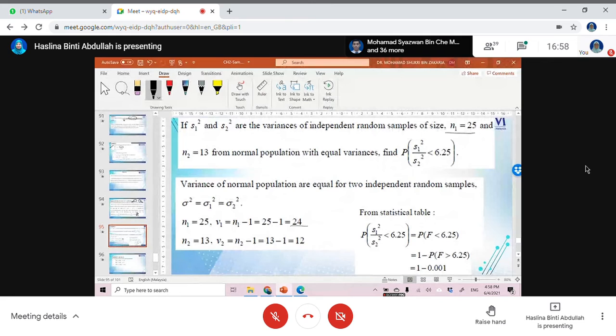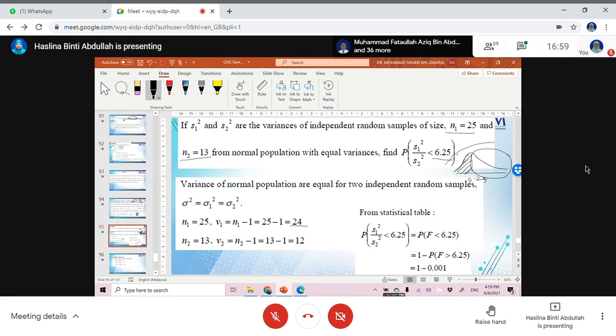Tengok contoh pula. N1 is equal to 25 and N2 is equal to 13. And then we need to find the proportion for variance 1 divided by variance 2, which is less than 6.25. Kalau less than bermaksud kita draw the skew to the left, this one is 6.25. Less than refers to the left area. The F table only reads this area.